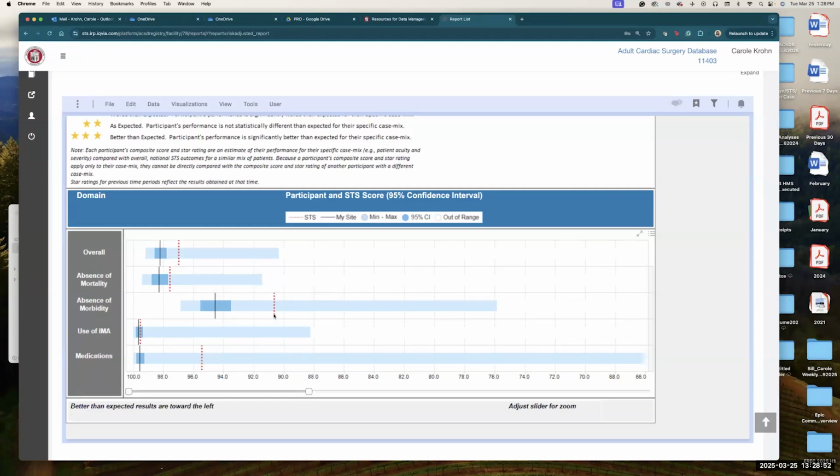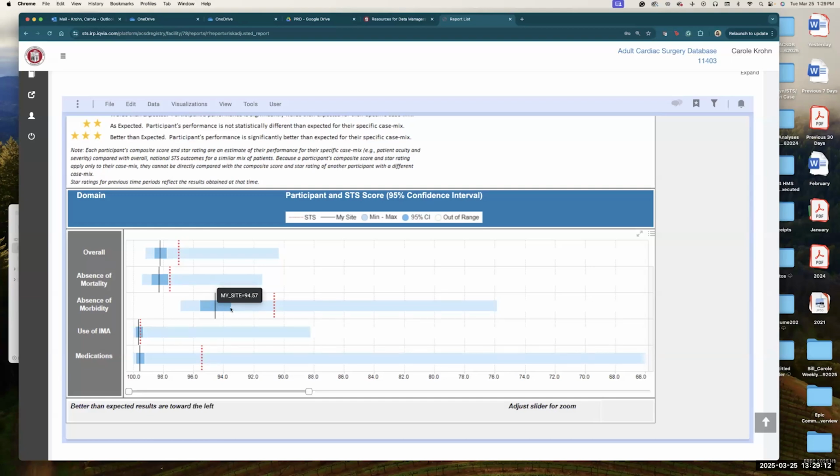So in this case, the site's higher end, or I'm sorry, the lower end of their confidence interval, if I can pull it up, hold on. Maybe I clicked too many things. Let's see if it does it. Oh, it's not doing it.